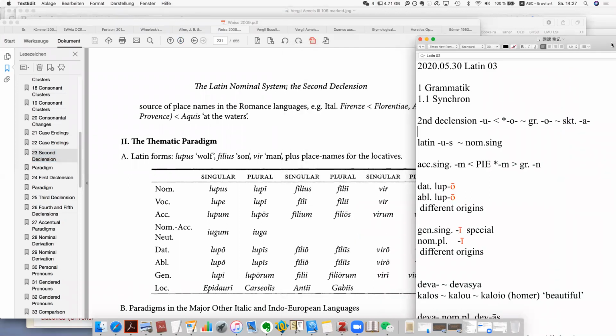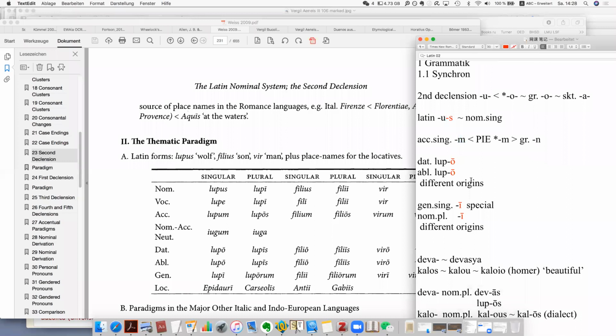And the first declension is the U. In Latin it's U, but originally it goes back to O and preserved in Greek as O and in Sanskrit as A. And we checked the different case forms, like in nominative singular, it has an S. That's really important. In nominative singular, it's S, and the accusative singular, it's an M. And this M turns to an N in Greek.